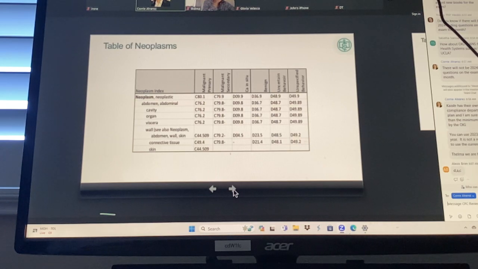I'm sure you all know the difference in the columns, and I'll just remind you of the difference between uncertain behavior and unspecified. Unspecified means the doctor didn't chart it. Your provider did not chart the behavior.